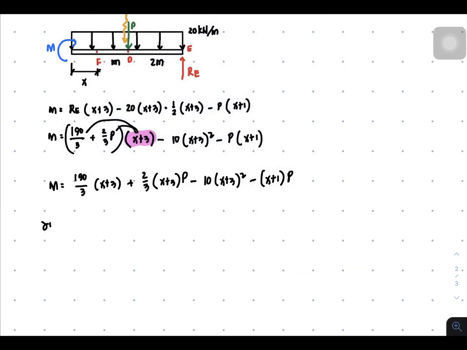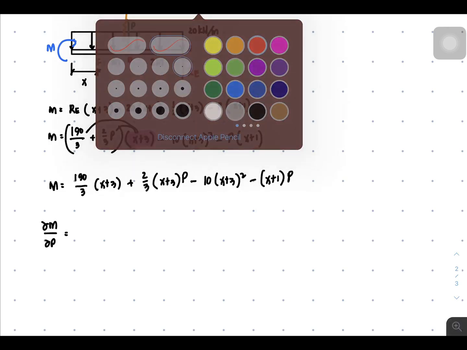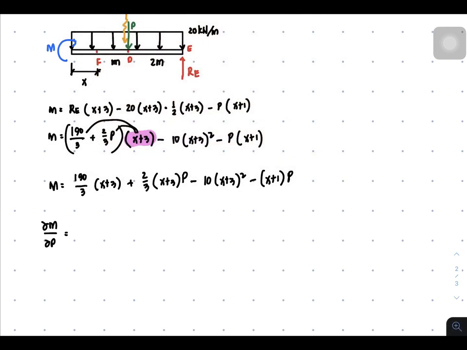So let us now get the partial derivative of the moment equation. So set the terms without P equal to 0. So temporarily setting this to 0. Also this one.